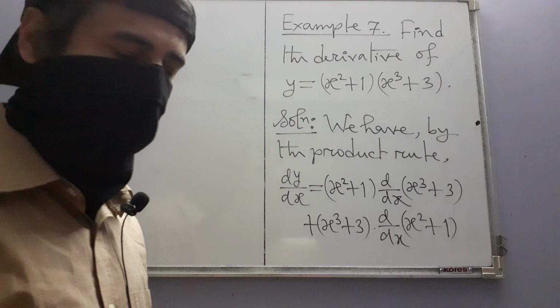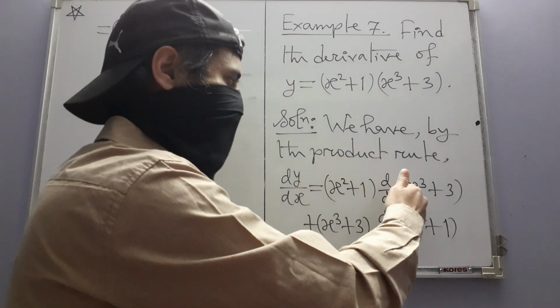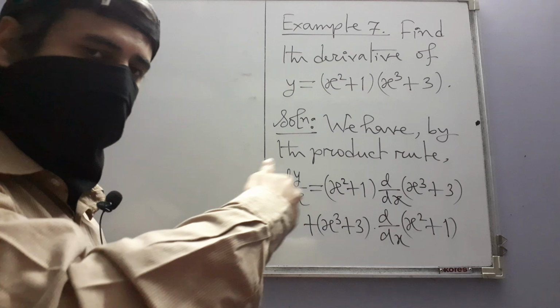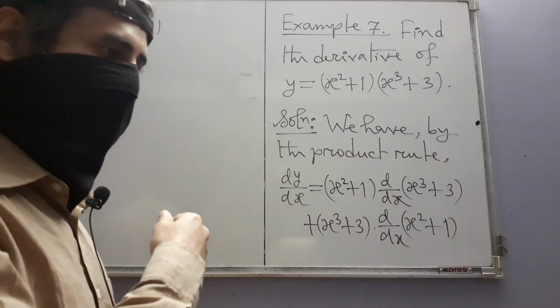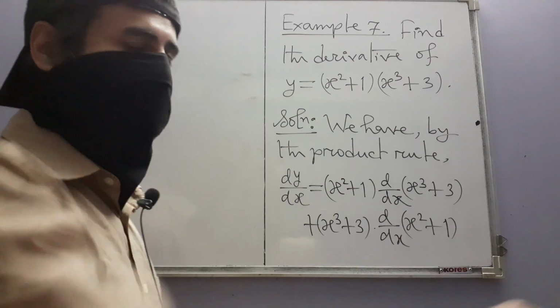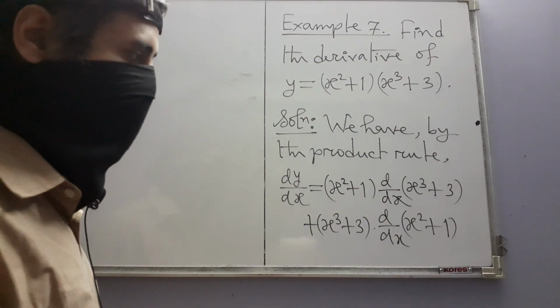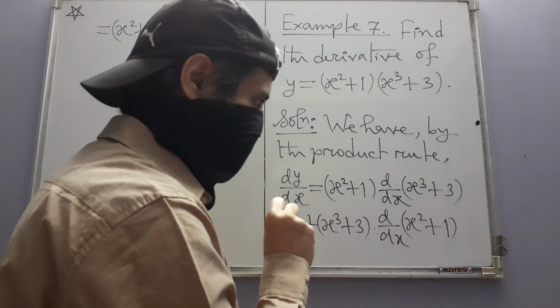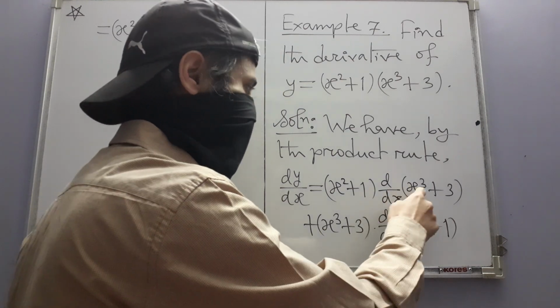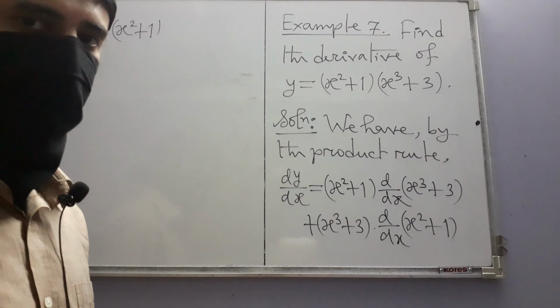What does the sum rule tell us? The sum rule tells us that if we have a sum of not just two functions but finitely many functions, then differentiating the sum just means you differentiate each term. That's the sum rule or its general form. And the constant multiple rule tells us that if your function is multiplied by a constant, that constant can be taken outside.